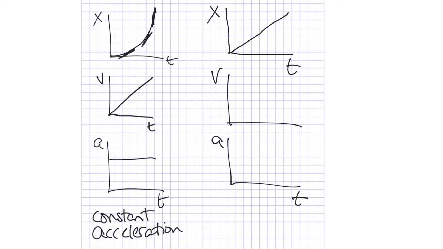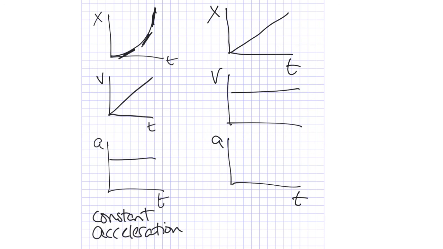Okay. Lauren? V is flat. Yes, v is flat because the slope of x is v, the slope of v is a, right? So the slope that you see in the x versus t graph is a constant positive value. And so that's what goes on the v versus t graph. Yeah?